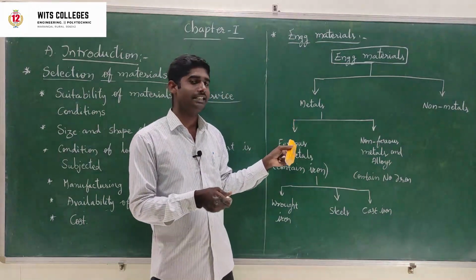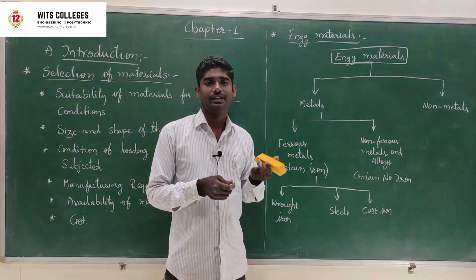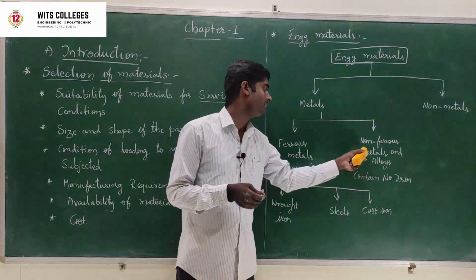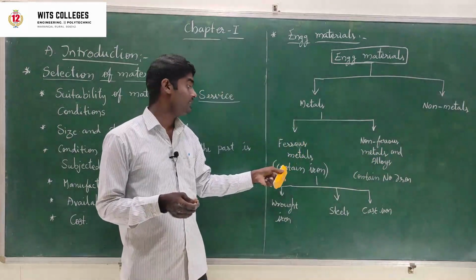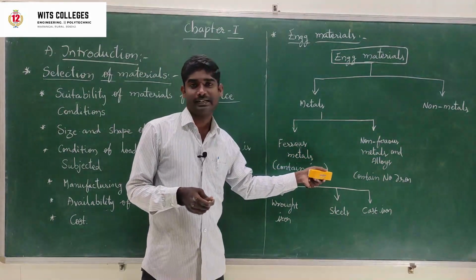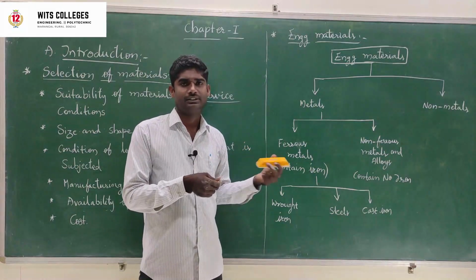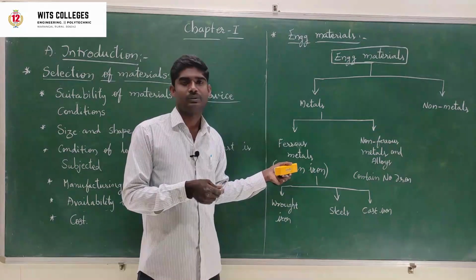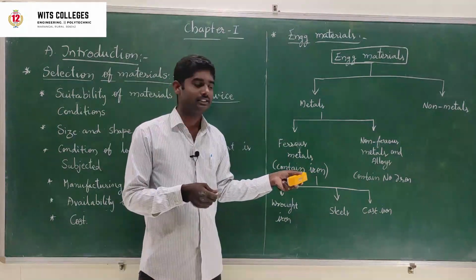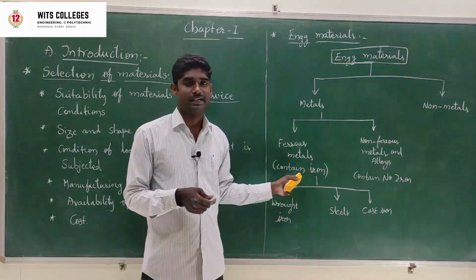But metals, for example iron, and non-ferrous metals. What is a ferrous metal? It contains iron particles. For example, steel is a ferrous metal. Iron is a ferrous metal. It contains iron particles.